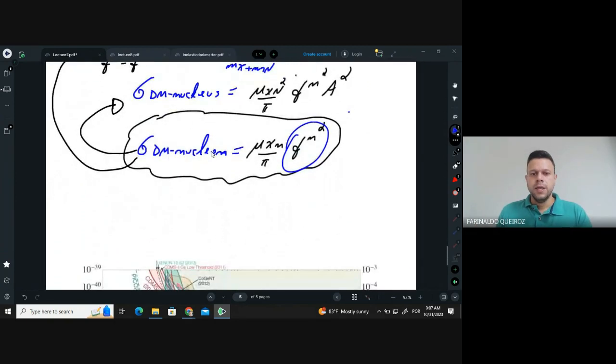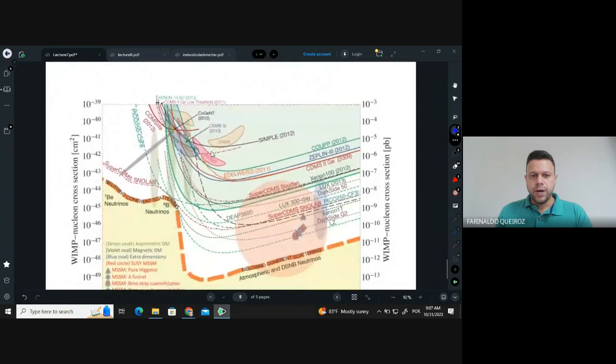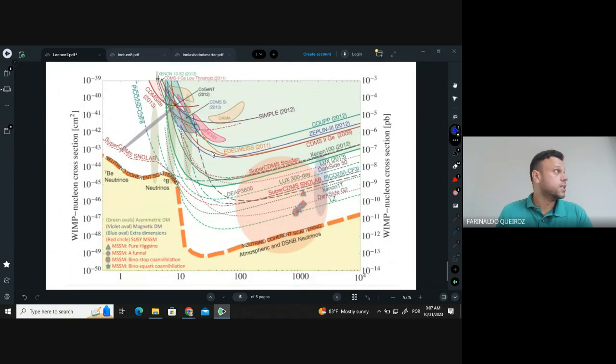Now I want to show this figure, which is the common figure you're going to see at conferences, where direct detection experiments report their new results, no results so far. In this figure, I'm going to try to explain some key things. You've learned already from the last lecture why those curves have this shape.